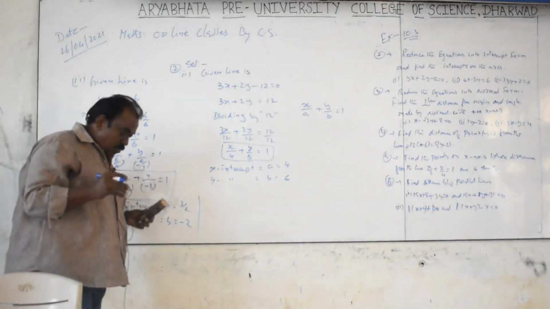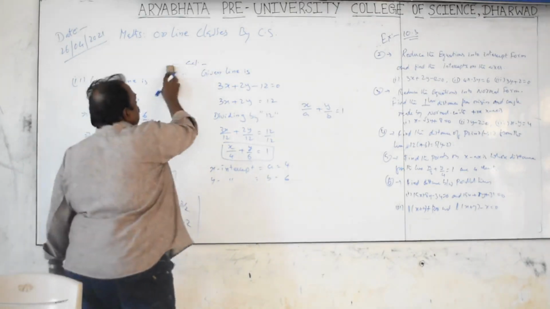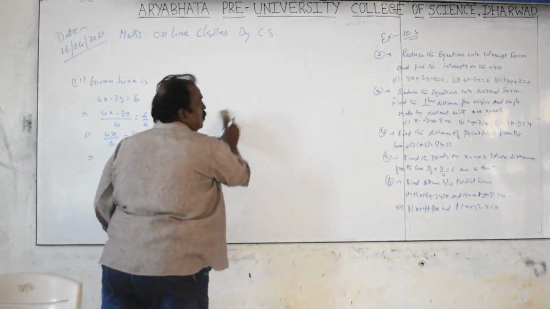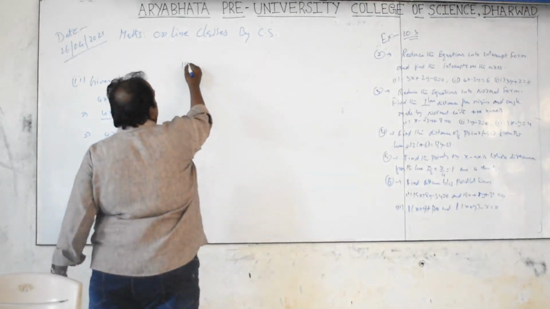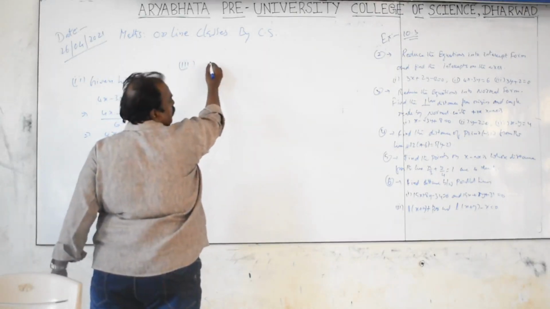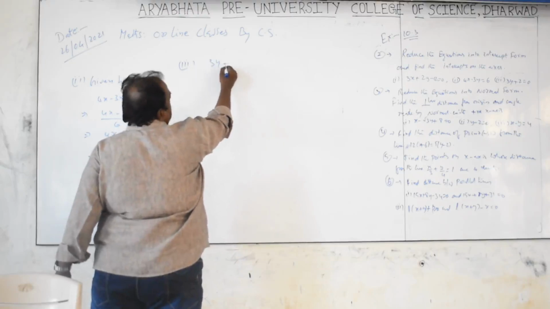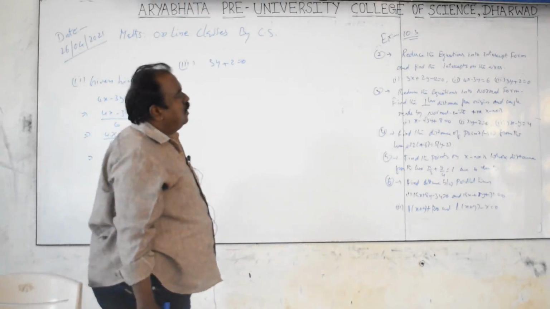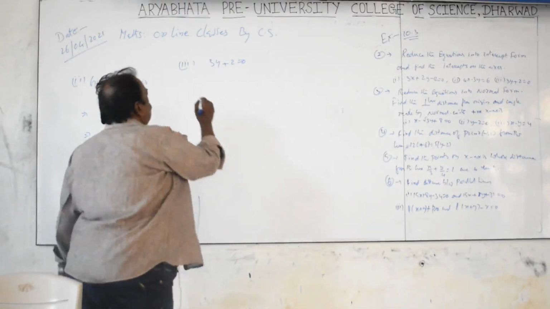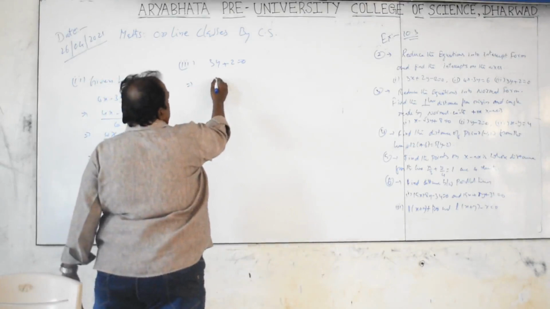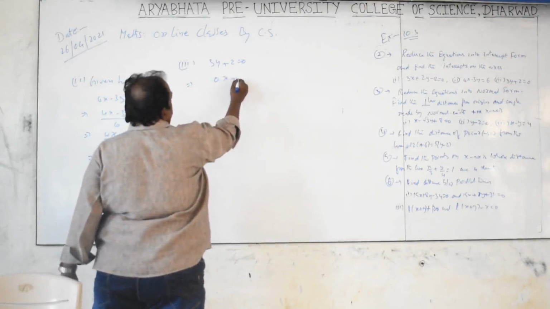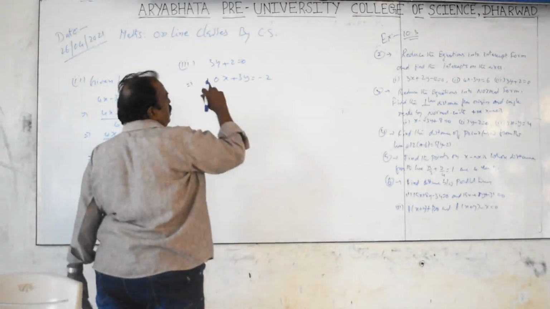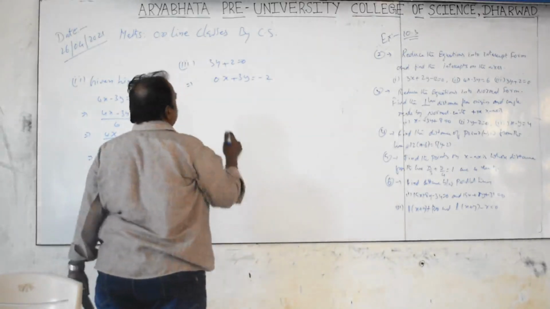And one more problem is there, that is the third one. Given line is 3y plus 2 is equal to 0. It is 0 into x plus 3 into y is equal to minus 2. That minus 2 is sent to that side.